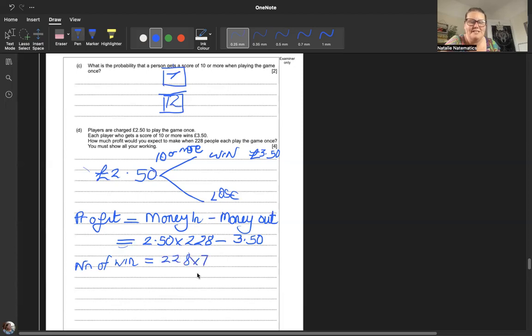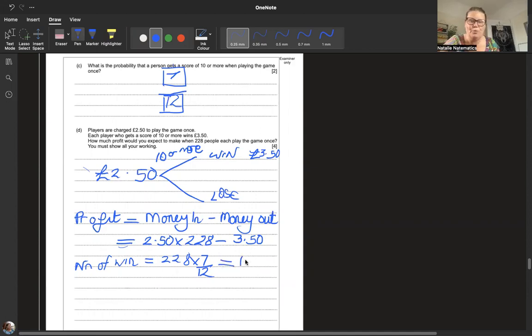So there's a 7, and this is what we do. It's like our expected number, or relative frequency, which we also look at on this same thing. So the expected number of times something would happen would be the probability, 7/12, times 228, which gives an answer of 133.